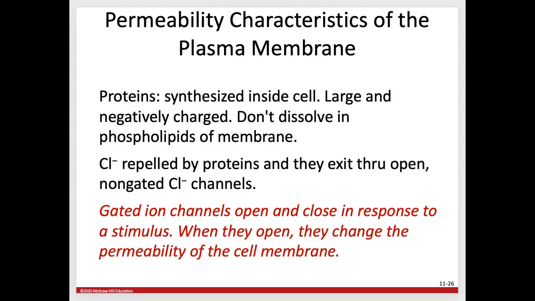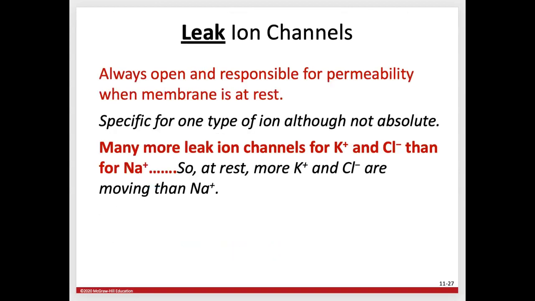There are gated ion channels that open and close in response to a stimulus, and when they open, they change the permeability of the cell membrane. There are leak channels, and again, we've talked about the different types of channels, and so we're revisiting them. Leak channels are basically always open, and they are partly responsible, not completely, but partly responsible for the permeability when the membrane is at rest.